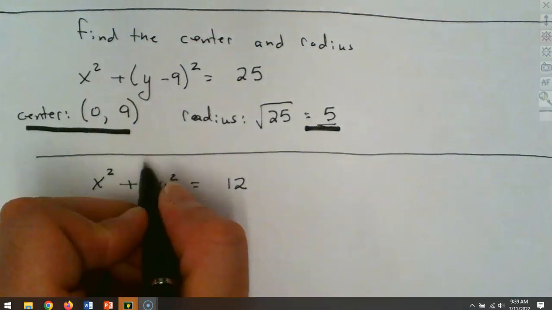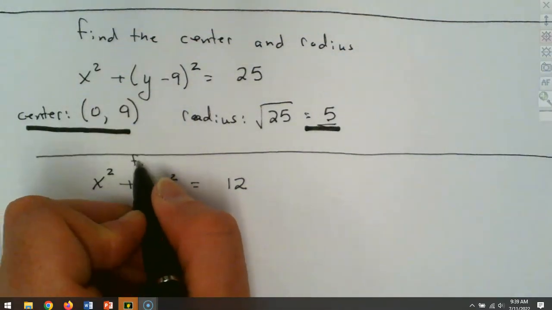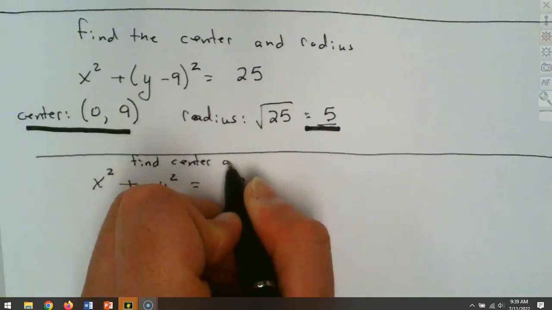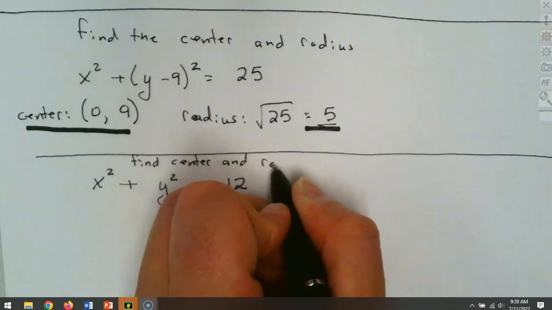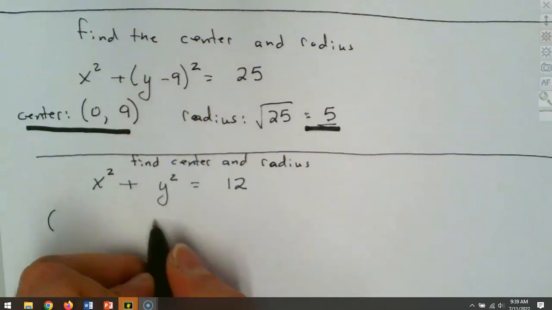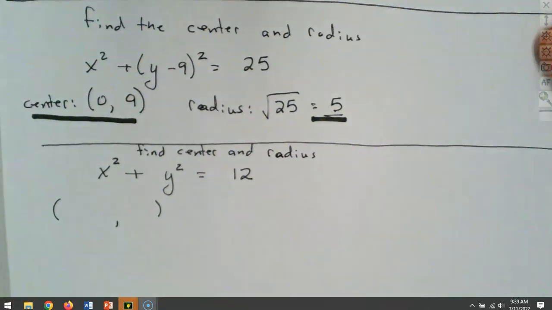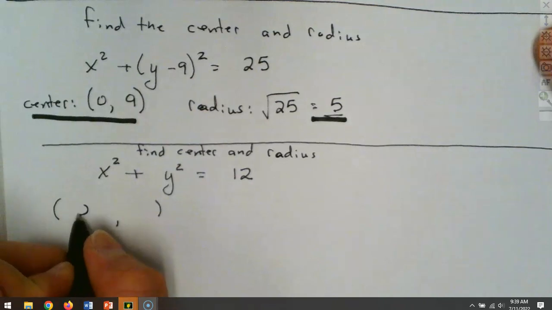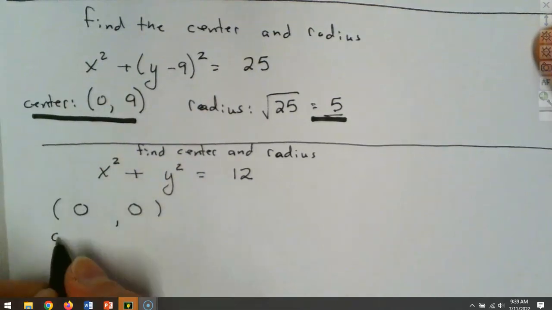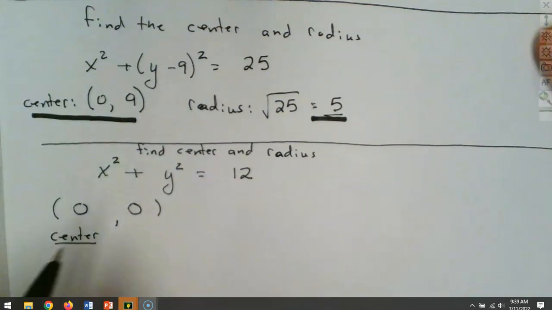And again, we're going to find the center and the radius. For the center, do we have an x number? Nope. Do we have a y number? Nope. So my center is going to be at the origin, 0, 0. What about the radius?